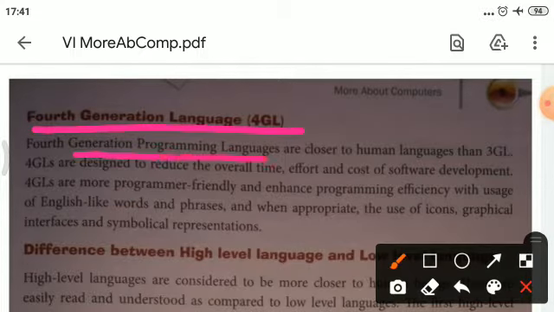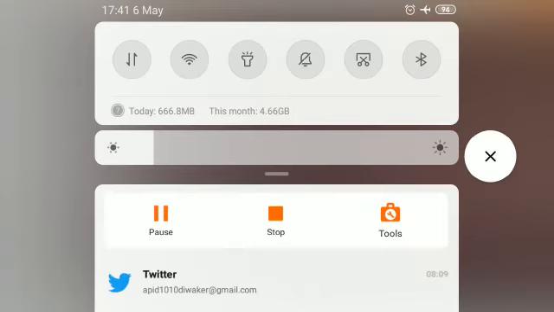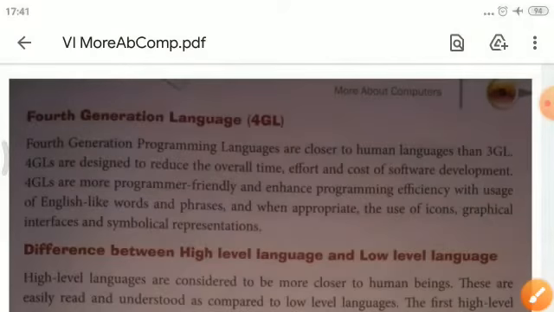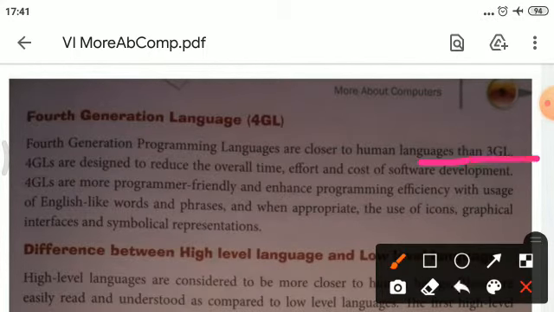Fourth generation programming languages are closer to the human language than 3GL, it means third generation language. And 4GLs are designed to reduce the overall time, effort, and cost of software development.